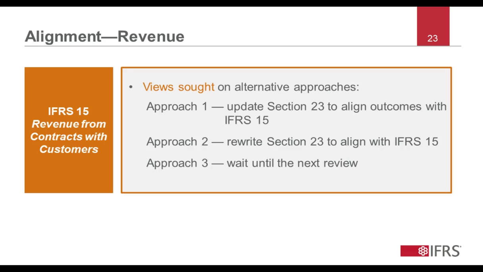Whereas the second approach would look at rewriting Section 23 so it was fully aligned with IFRS 15. It would be a new section. And finally, the board did think, well, possibly we could wait until the next review. So this is one of the areas where the board is asking for further information.